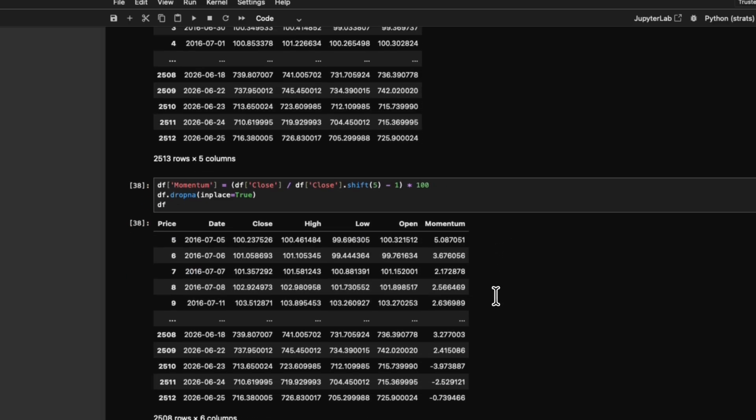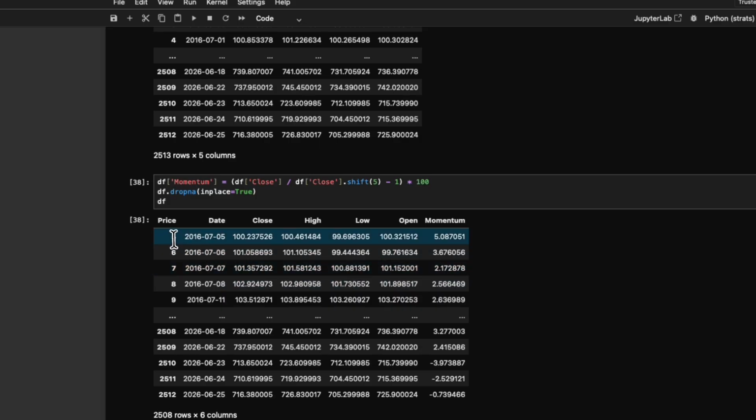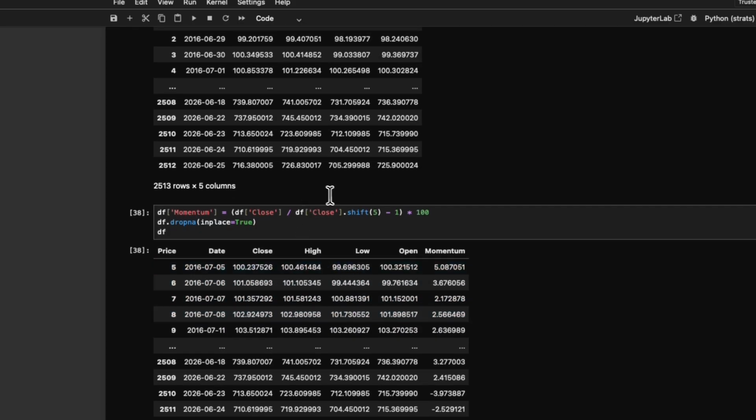So now we've got no NaN values, and effectively we're starting at row number 5 because that's the first point we've got 5 values to be able to run this particular line here. So all it's telling you is what the percentage move was over a rolling 5-day period. So Monday to next Tuesday, Thursday to next Wednesday, that kind of thing. So yeah, that's it. Done.